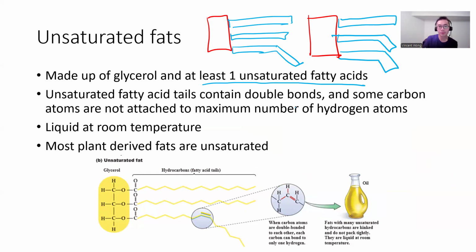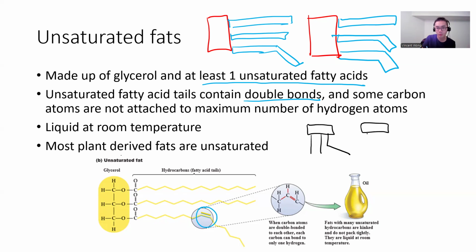Now the presence of that double bond, that equal sign, if you would, creates that kink, that bend in its structure. So now if you try to pack these things together, it cannot be done easily. Like this is one fat molecule, and then it has the thing sticking out.